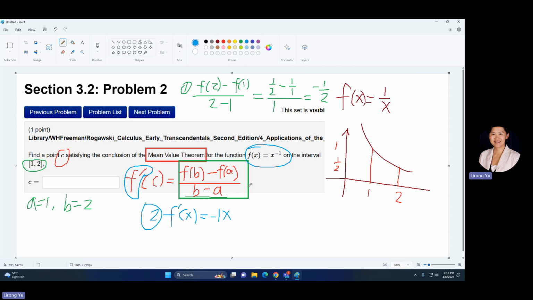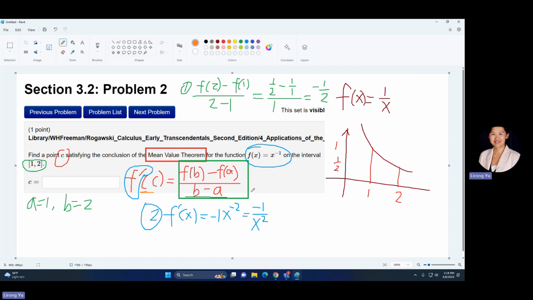So the power is -1, and -1 minus 1 is -2. That's essentially -1 over x to the power 2. If the power is negative, it goes in the denominator. So that's what the derivative is.